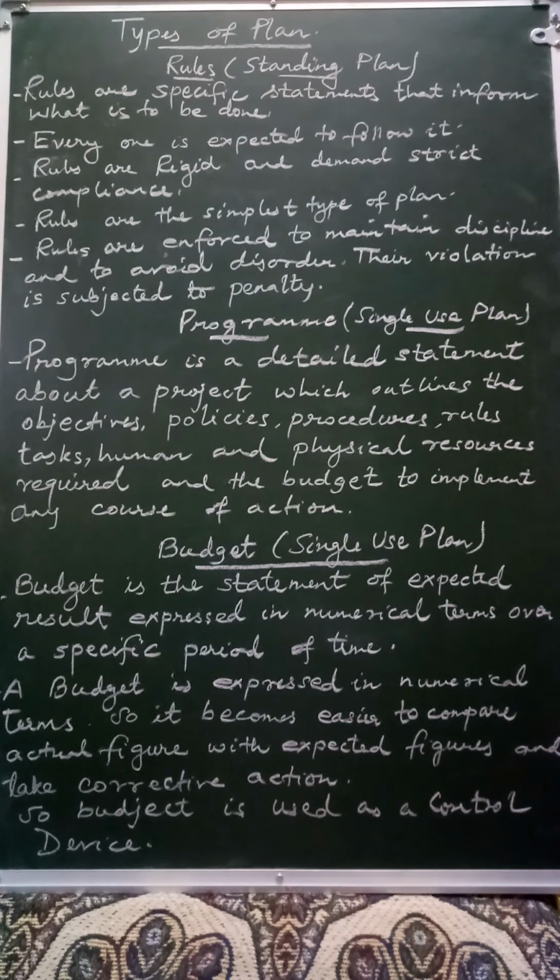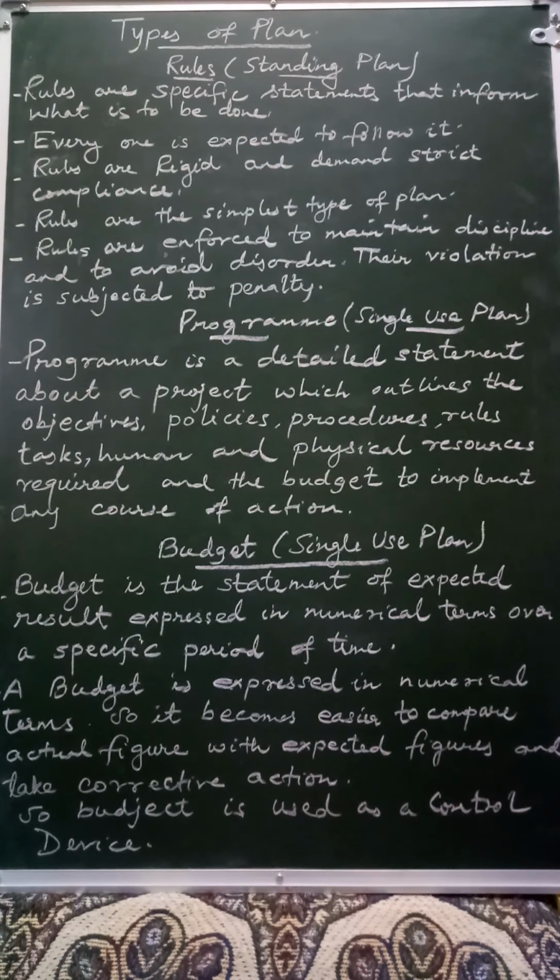So when we compare procedure and rules, we would be comparing them on different bases. The first basis is nature. Procedures are the broad guidelines within which management can exercise little discretion, whereas rules have to be strictly followed and there is no scope for discretion.